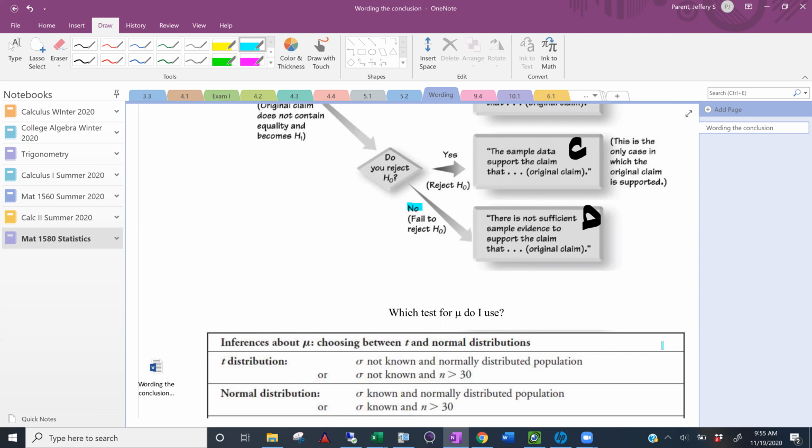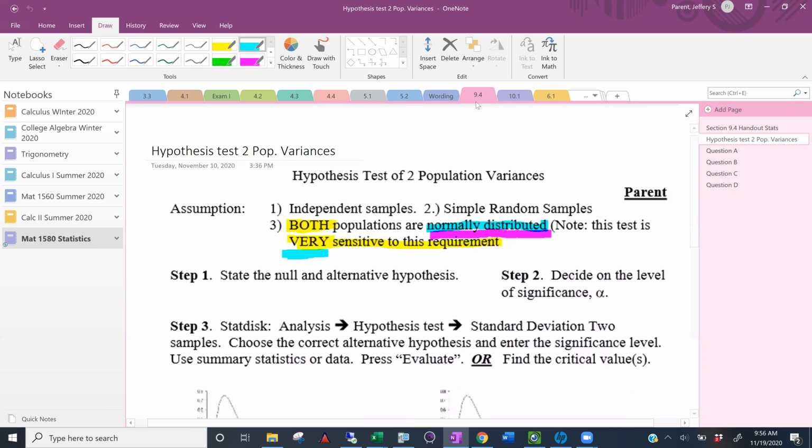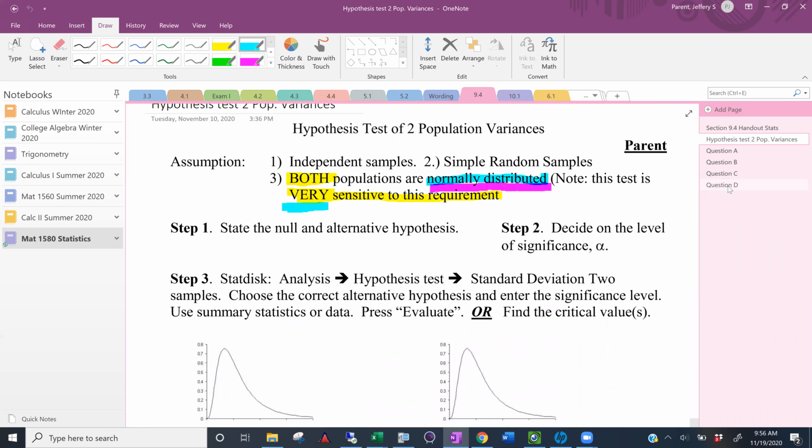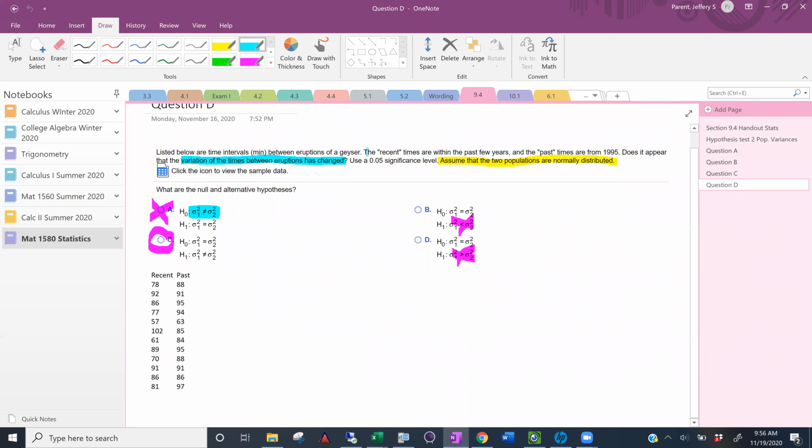Hey, so not too bad. And where am I getting that last part? I'm just getting it from the original problem itself. So let me jump down here to D. The variation of the times between eruptions has changed. That's the claim we're testing, so that's going to be part of our conclusion.